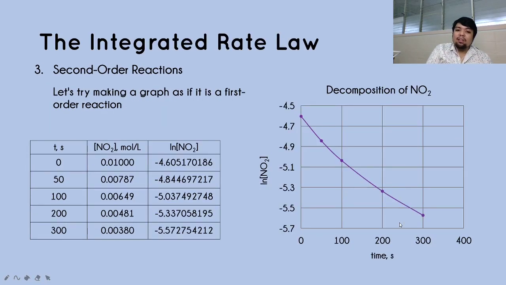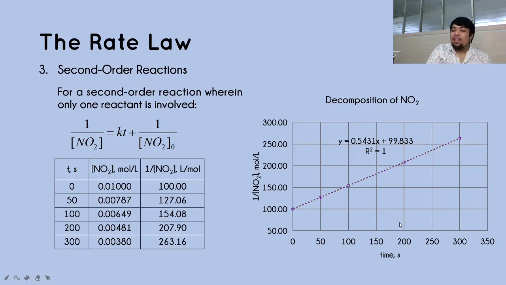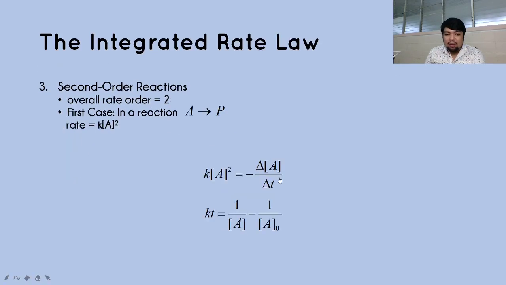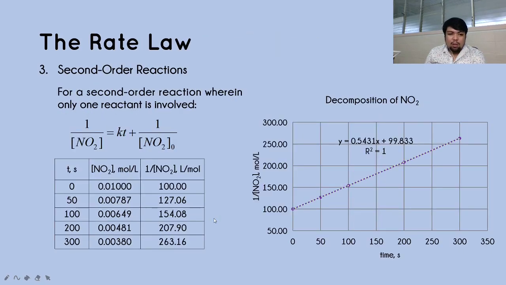Now, for the second order reaction, the equation of the line will be in its slope-intercept form. You just transpose the original equation to the other side. It will give you this one. So 1 over A is equal to kt plus 1 over A null, or the initial concentration of the reactant.